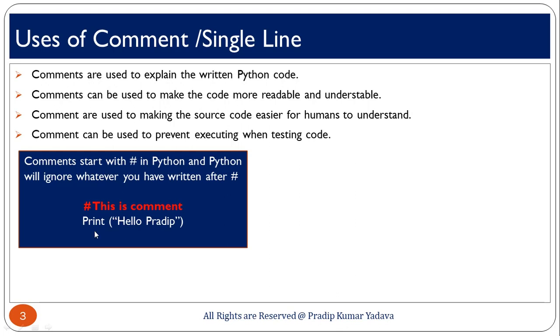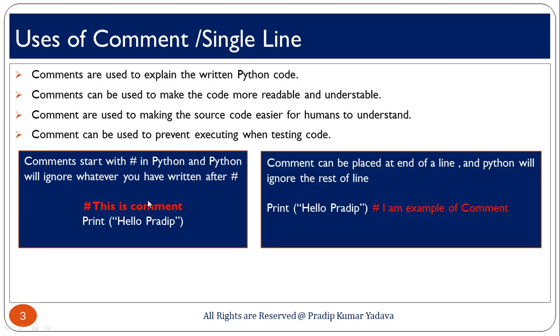So avoid this. If you want to make print hello Pradeep a comment, just write hash here and this will work as a comment. Also, a comment can be placed at the end of a line.